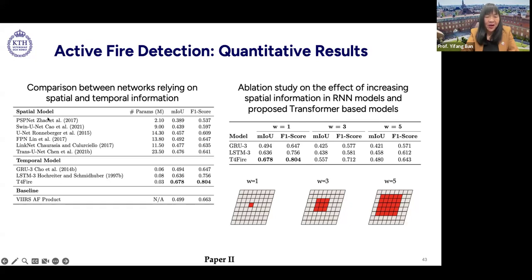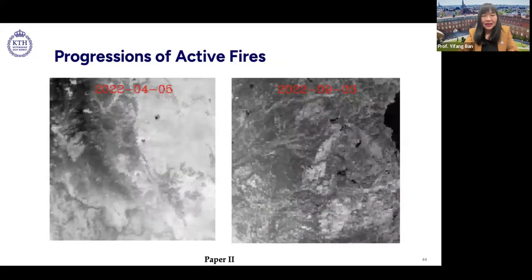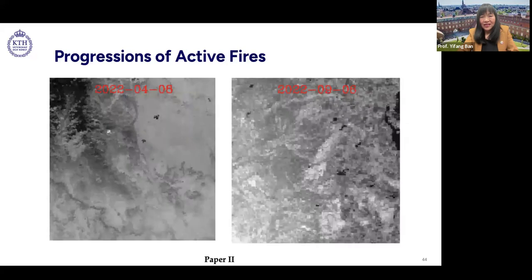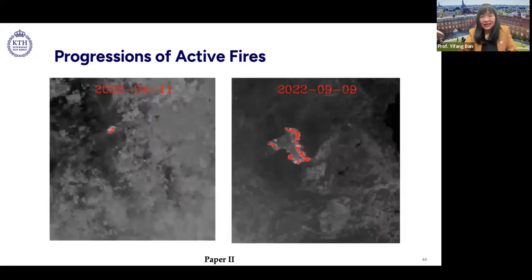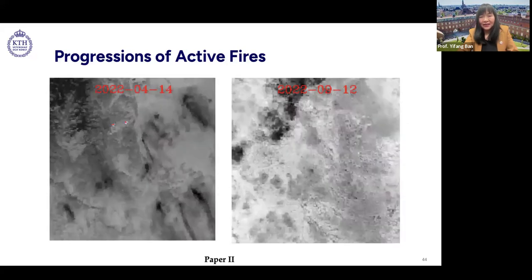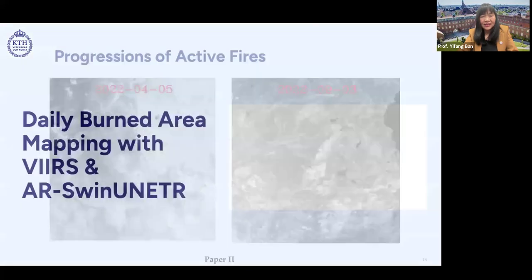Again, we also compare with some spatial models, not only temporal models. So these are achieving the best result. You can also see the temporal model seems to perform better than the spatial models. So here you can see the progression detected on the daytime imagery.